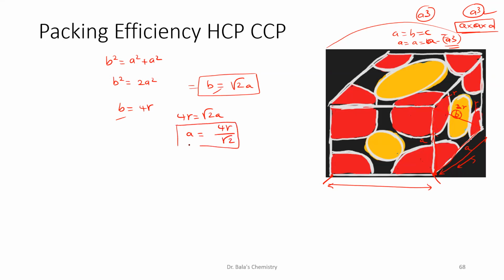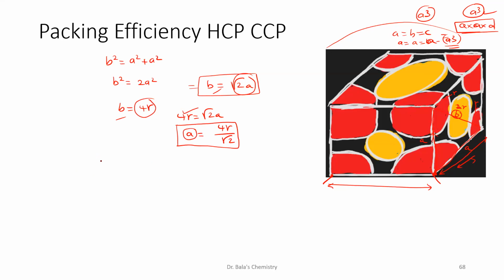So edge length can't be taken directly from the unit cell; we take it in terms of radius, calculate the B value, and equate it with 4R as well as root 2 A.